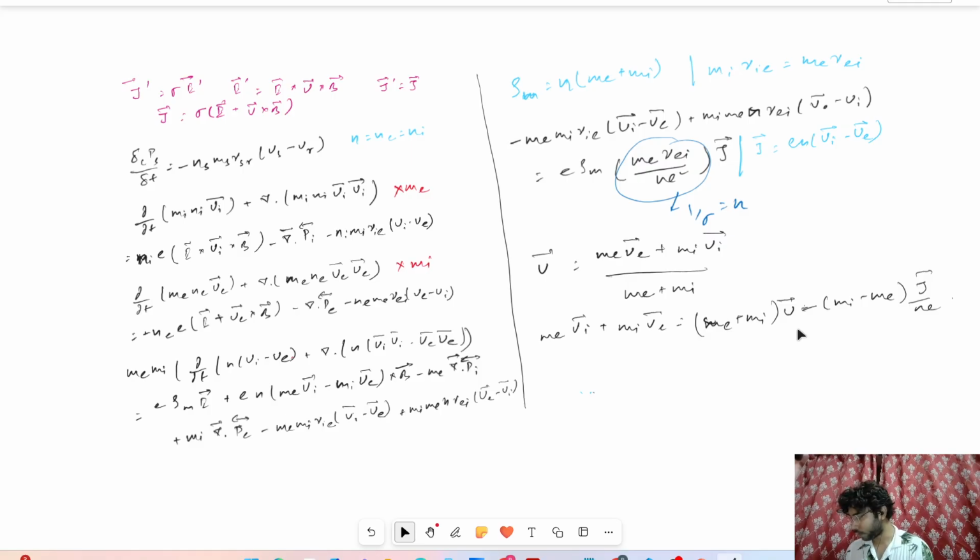So this is the equation. Well, so this is max. So this is this term. From here, you would get a u cross B term and also a j cross B term, right?